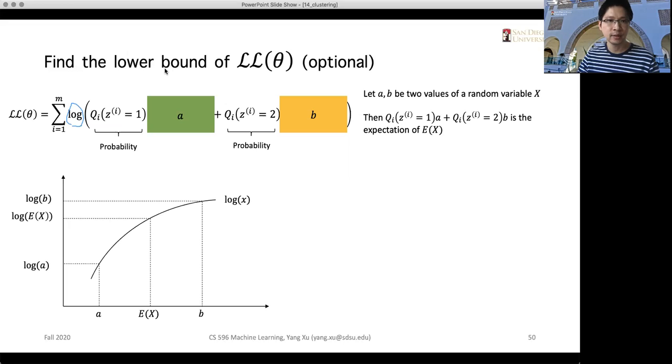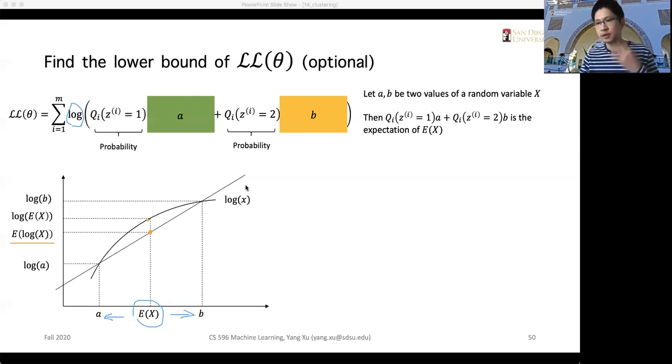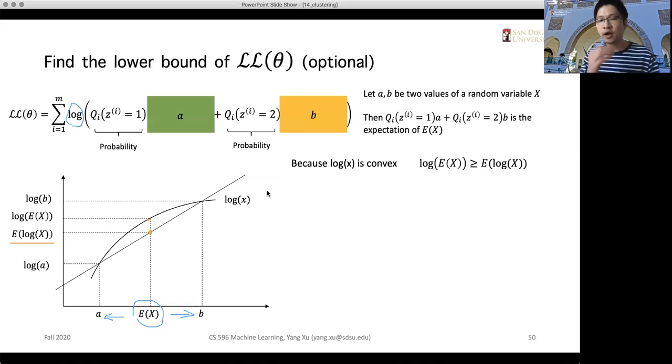Because the expectation E of x should be somewhere in the middle between A and B. And the logarithm of the expectation is also between the logarithm of B and the logarithm of A. So if we draw a straight line here, then the expectation of the log, here I switch the order of the expectation and the log function, should always be below the logarithm of the expectation, because the log function is a concave function.